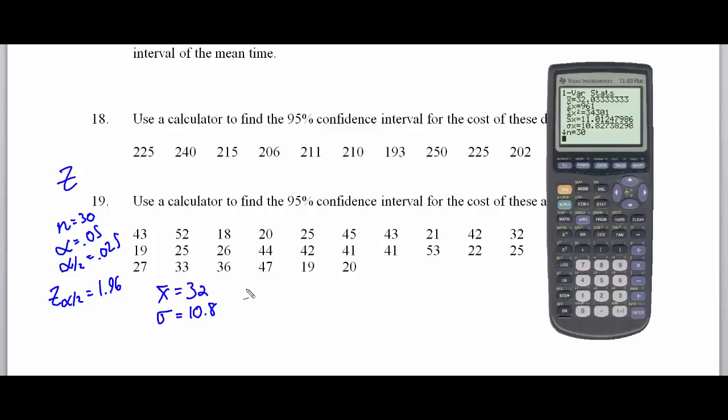And what that's going to allow me to do is to write this formula using the one that I had written down. My average is 32 plus or minus, which gives me my higher and lower bound for my confidence interval. My 1.96 times the quantity of our numerator's standard deviation divided by the square root of the sample size.